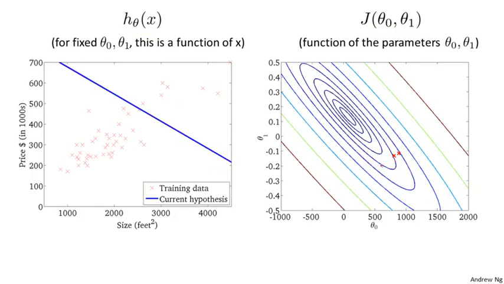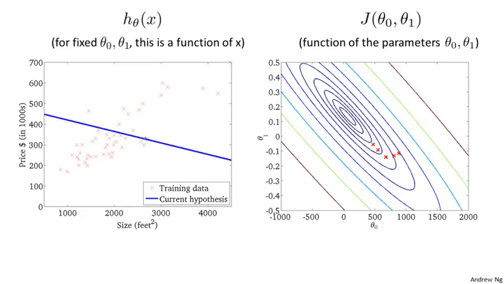And you notice that my line changed a little bit. And as I take another step of gradient descent, my line on the left will change, right? And I've also moved to a new point on my cost function. And as I take further steps of gradient descent, I'm going down in cost, right? So my parameters are sort of following this trajectory.